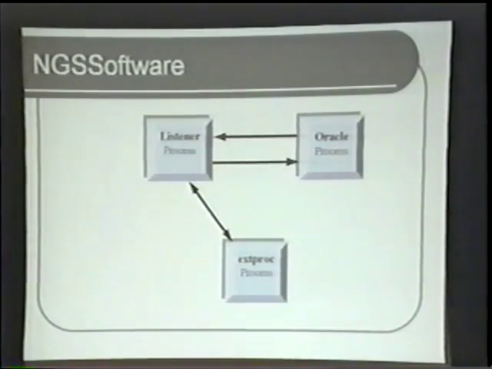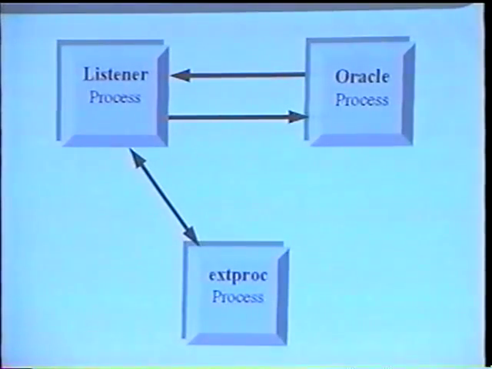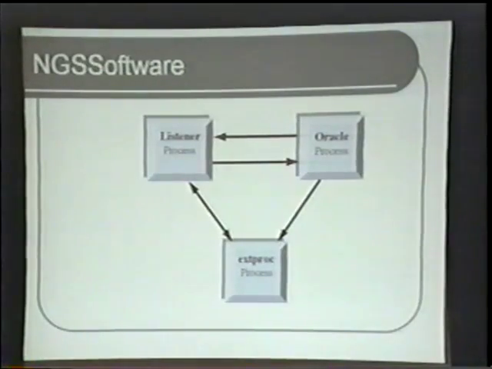The listener then informs the Oracle process that the extproc is ready and waiting for its bidding. Yep, right. So Oracle then connects to the extproc process and says, please load this library, execute this function, and pass it these parameters.